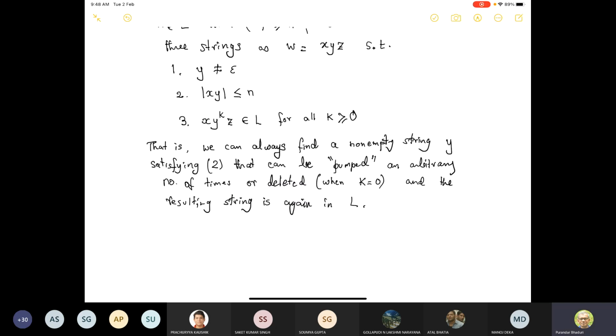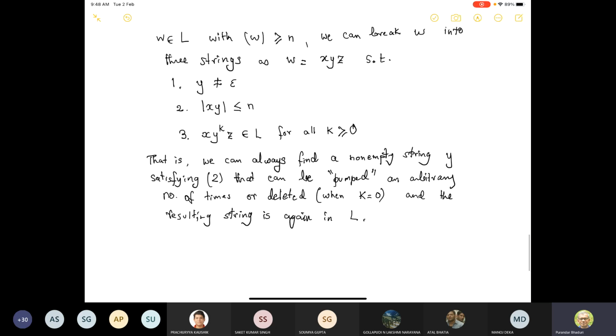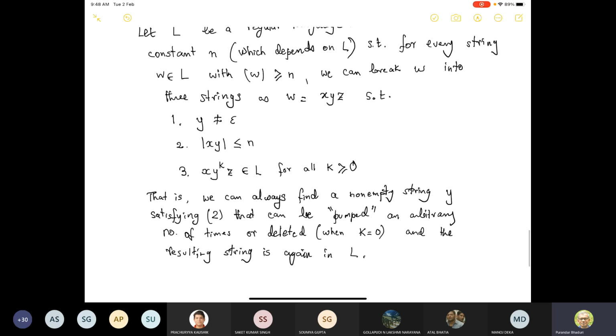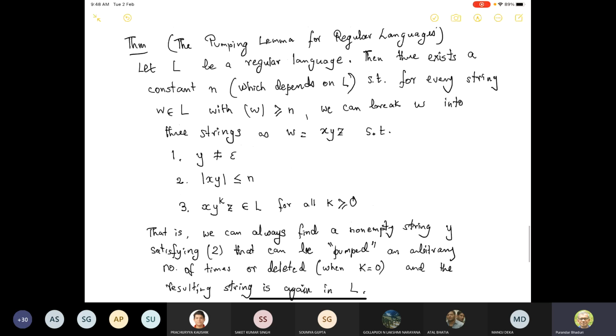Okay, we don't have much time left, but let us just carefully go through the statement of the lemma. It's so important to understand the theorem, the pumping lemma, because so many things can be proved based on this lemma. Now, let me explain why people find it difficult to understand and apply the lemma.